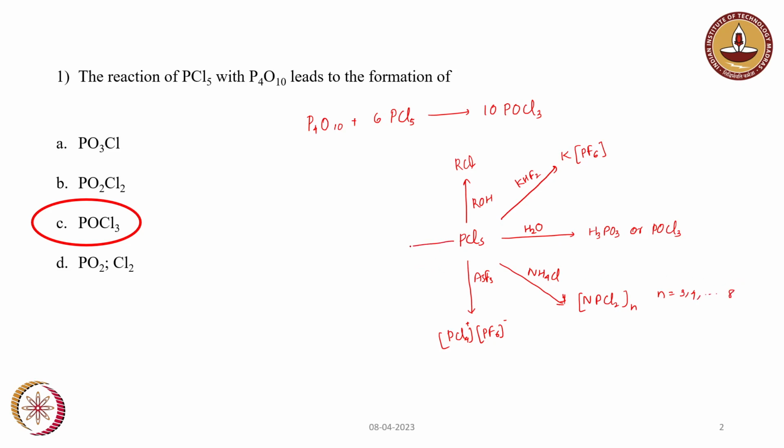And the reaction with P4O10 gives POCl3. Reaction with BCl3 gives PCl4 and BCl4 complex. And the last one is with N2H4, which gives Cl3P double bond N, and double bond PCl3.